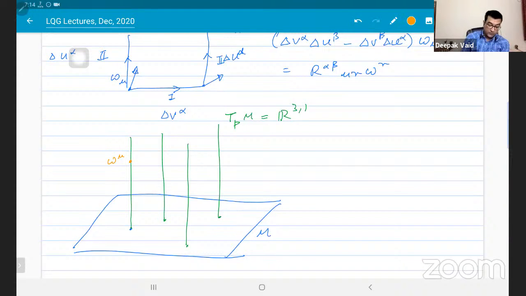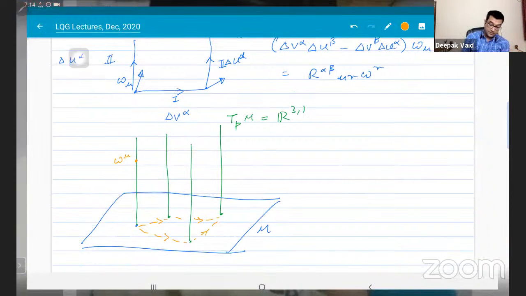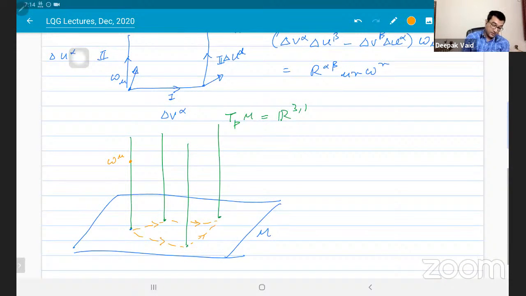And then as I go from here to here on the base manifold along these two different paths, what happens?